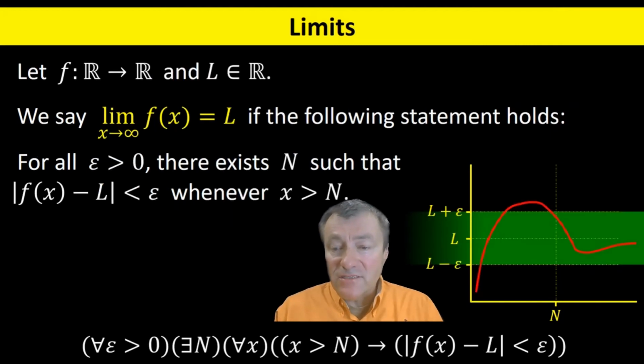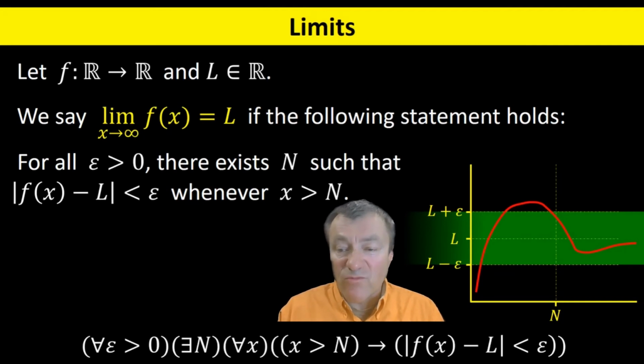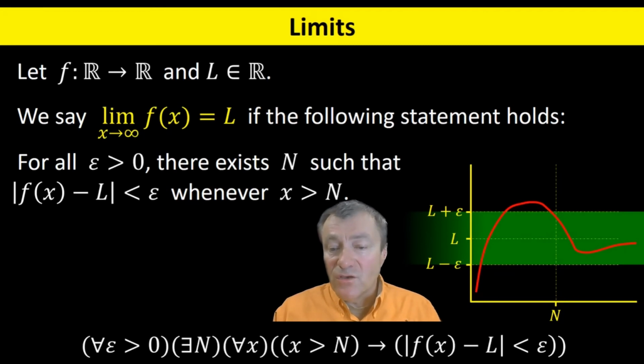Now, another case for defining a limit is when x is moving to the right, but y is moving towards some number, hopefully. We say that the limit of f of x is L as x approaches infinity if the following statement holds. For every positive number epsilon, there exists a number n such that f of x is within epsilon of L whenever x is bigger than n.